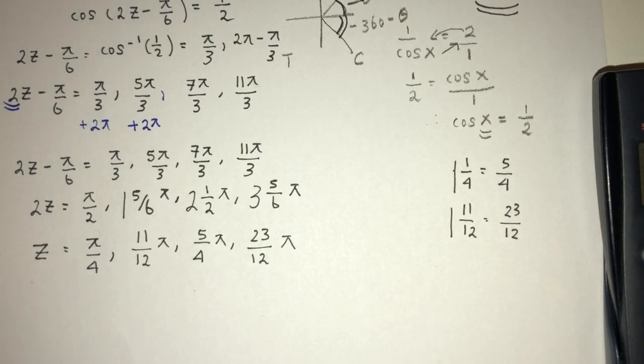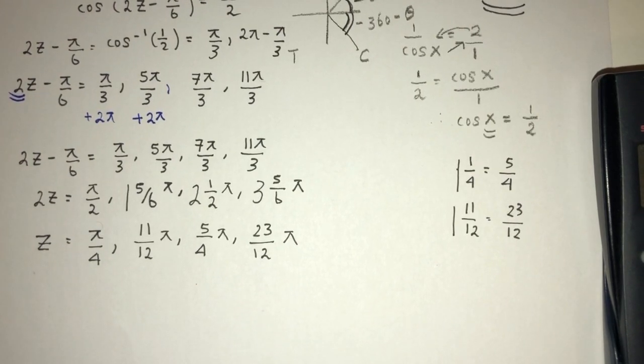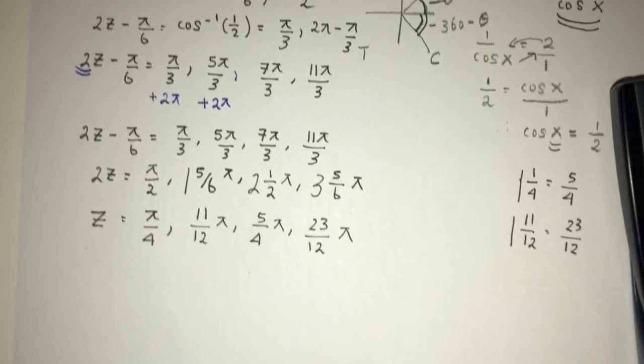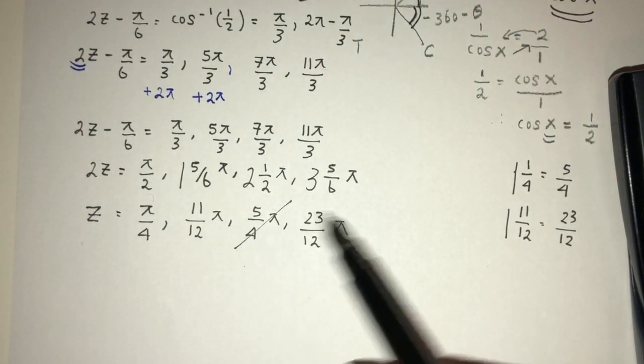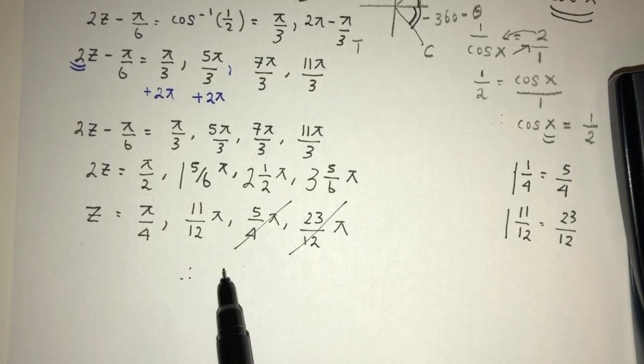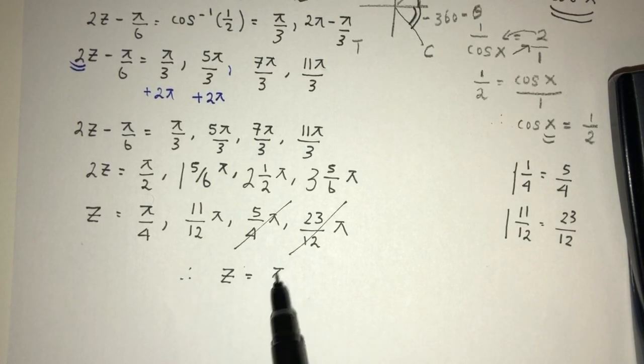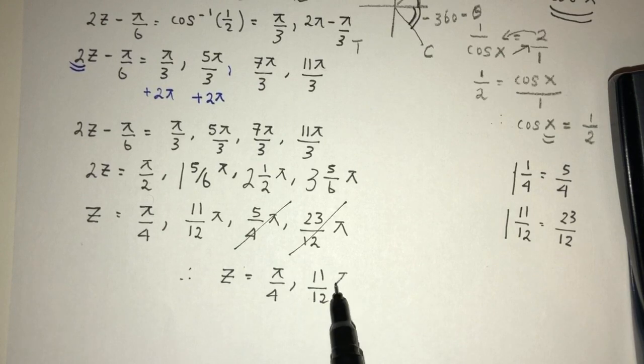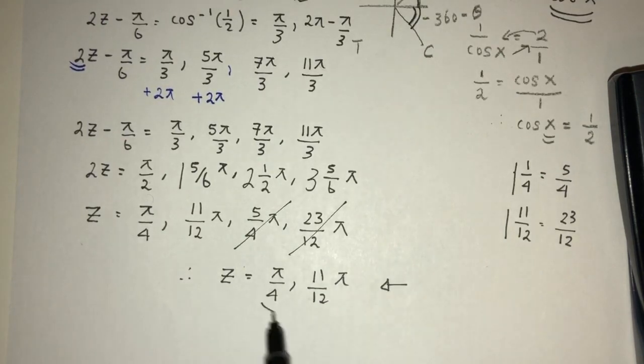This is the value of z. Now, we have to make sure that it is within the domain. As you can see, this will be outside and this will be outside, so you will end up with two values. There will be pi by 4 and 11 over 12 pi as your values of z.